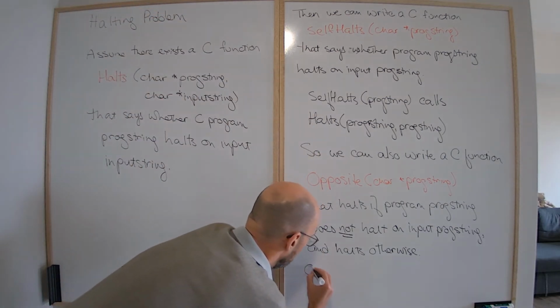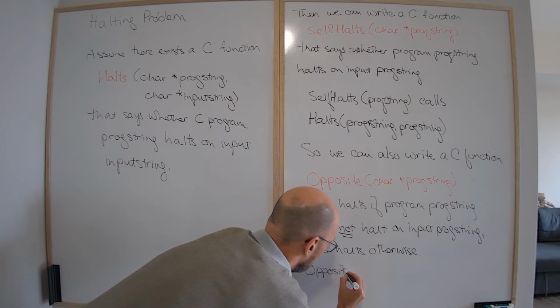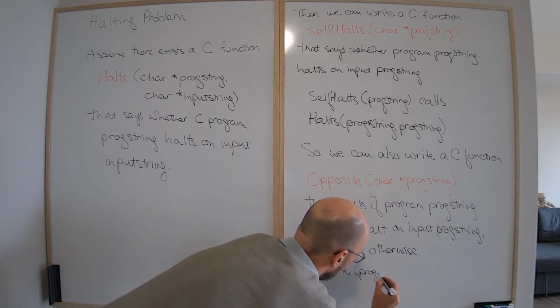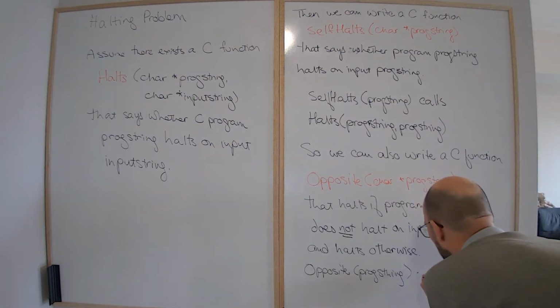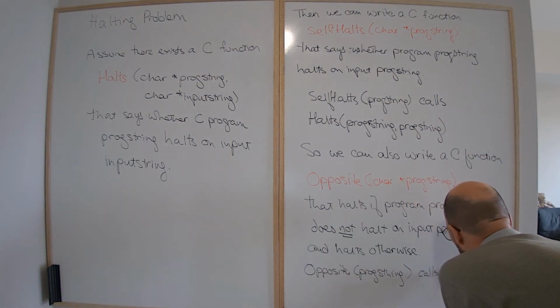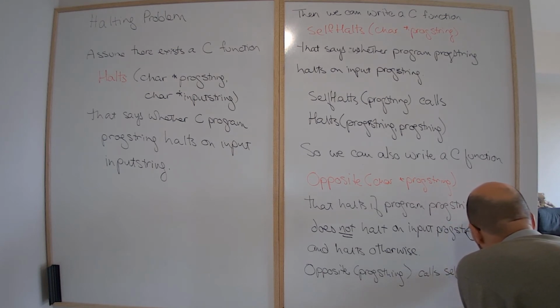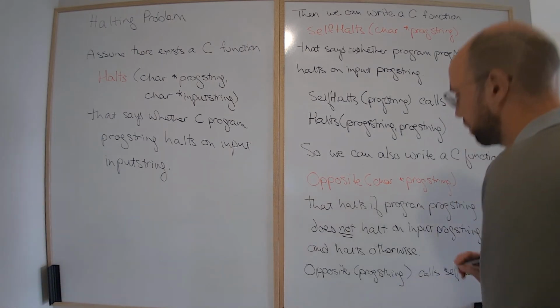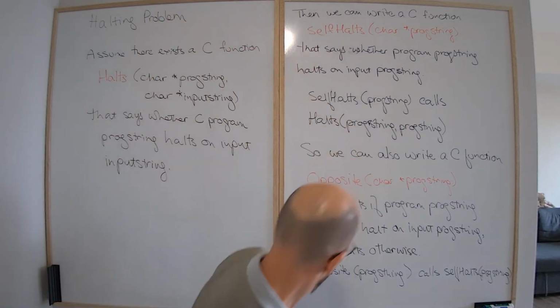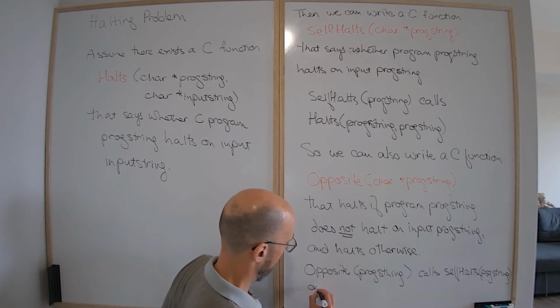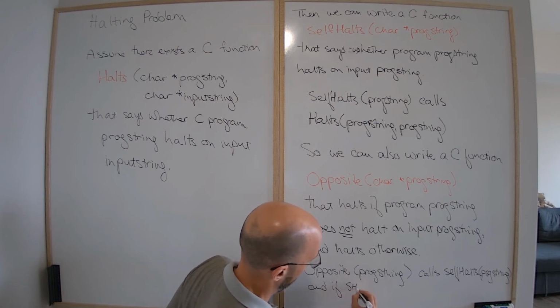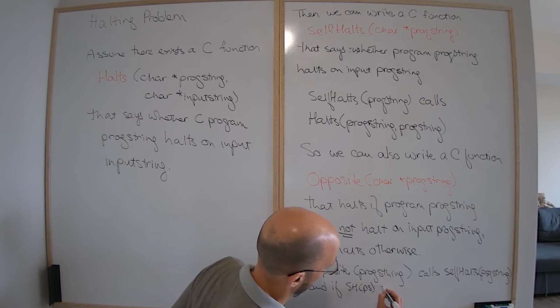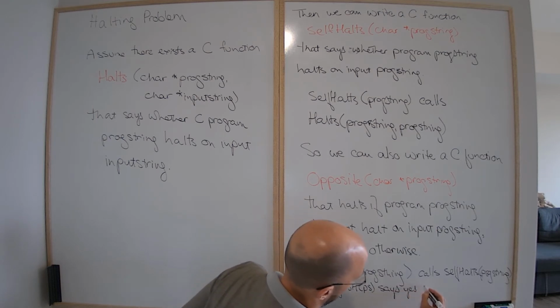So opposite prog string calls self-halts prog string, and if, let's just say self-halts prog string says yes, then it goes into an infinite loop.